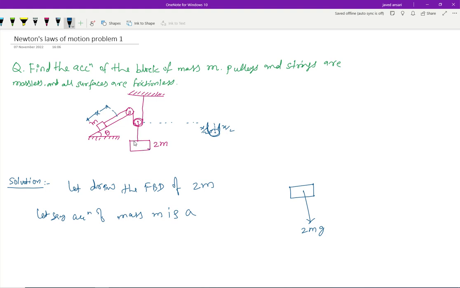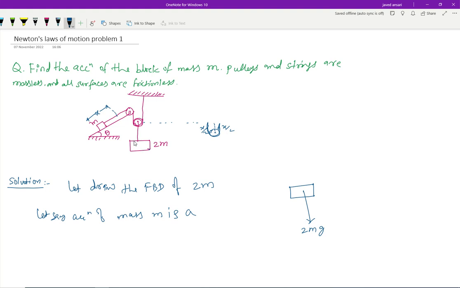Getting it? So if there is a displacement of x of this block upward, the displacement of this pulley downward will be x by 2 because there are two ends. The string is wrapped on the two ends of this pulley. So this pulley will descend by x by 2. Then only this whole string will move by x, right?